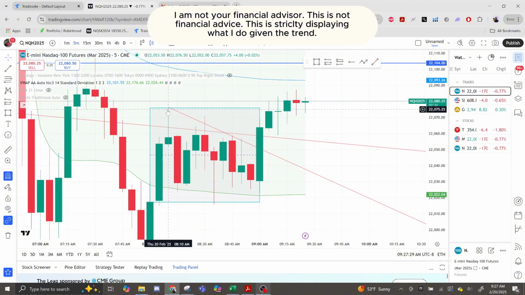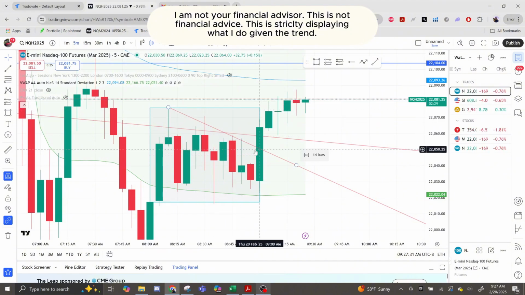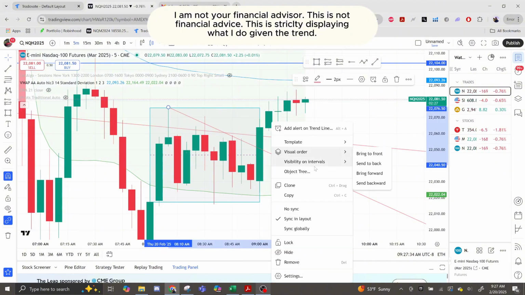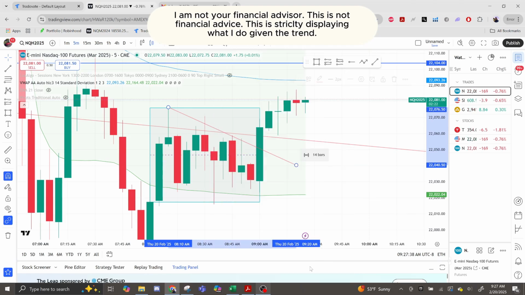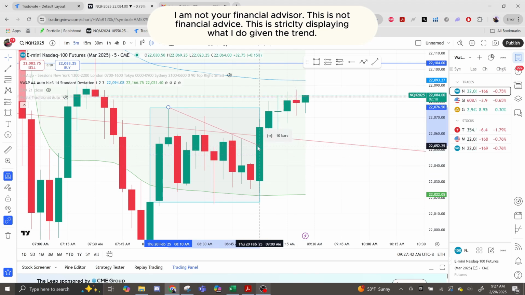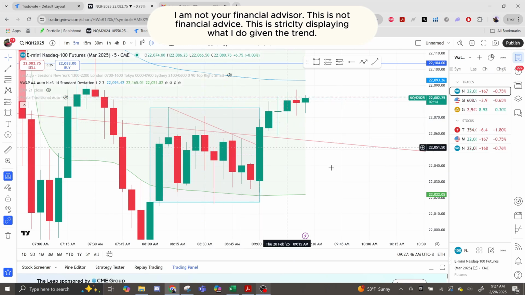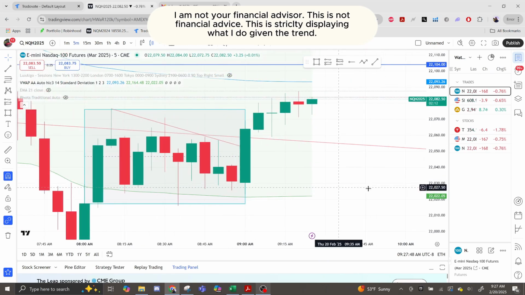Obviously, the consolidation has its own little trend lines. As you can see here, let's actually go over to extend right line, and we don't need that one for this case scenario, but that's what we're going to mark right here. This is the trend line for this consolidation zone.